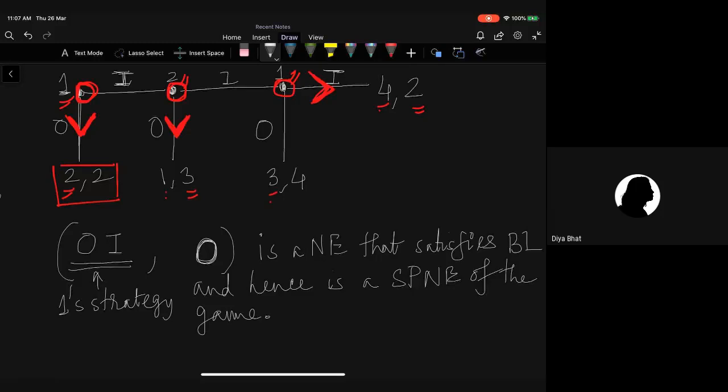Here, the word strategy in a sequential move game refers to a plan of action in all possible nodes where a particular player moves. Notice that if one has a strategy of staying out in the first node, one knows that it will not move in the third node, correct?